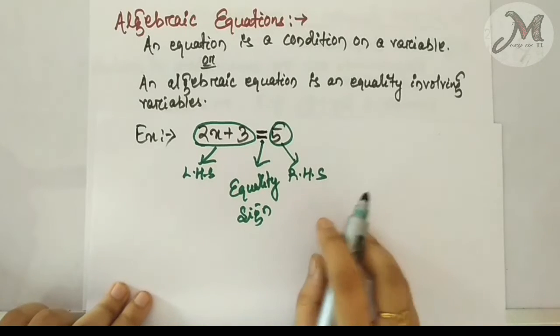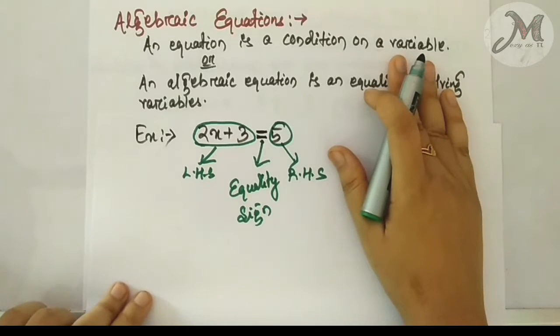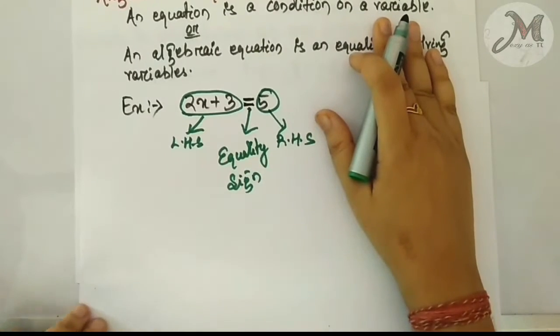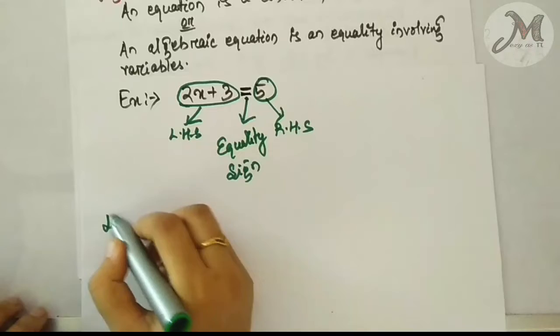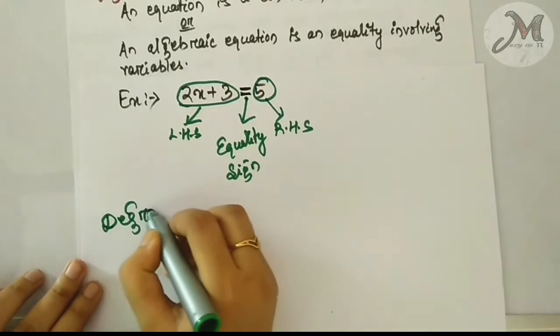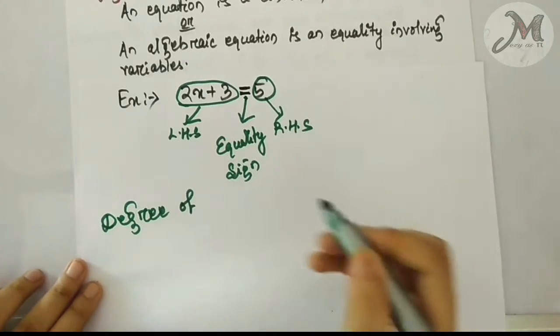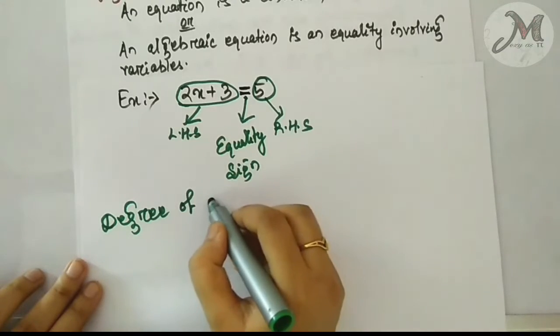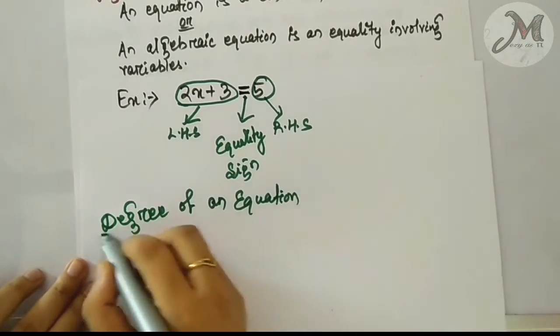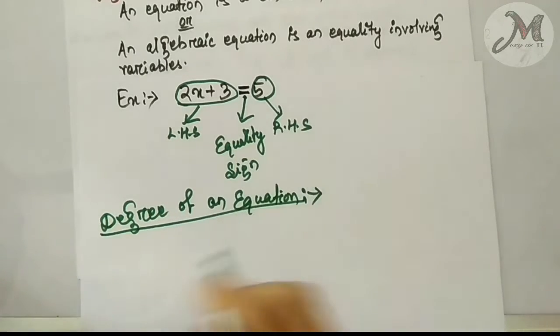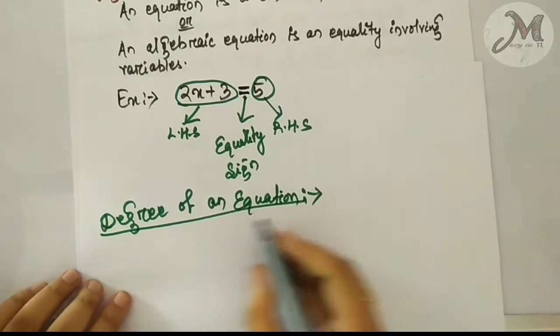Now we'll see about the degree of an equation. What is the degree of an equation? The degree of an equation is the highest power of the variable.